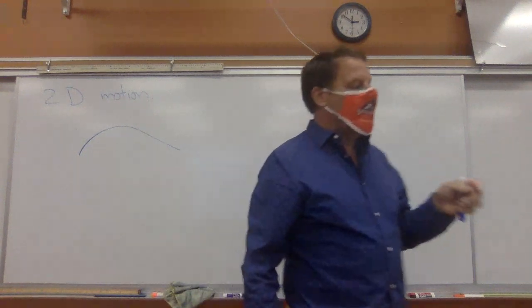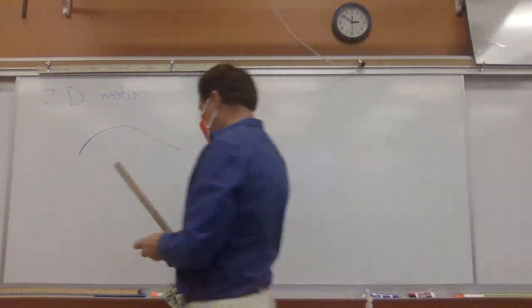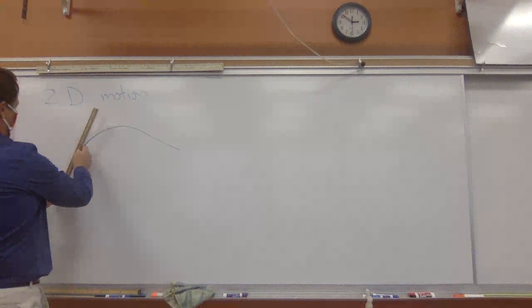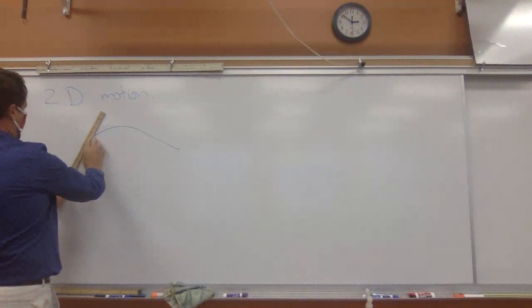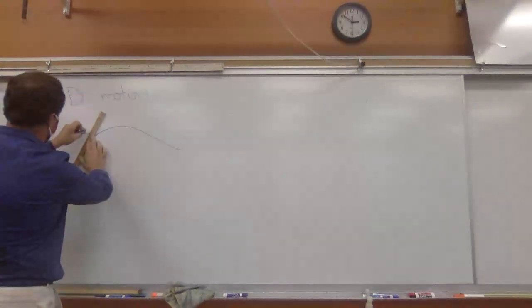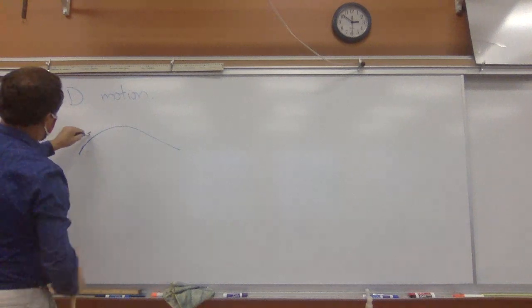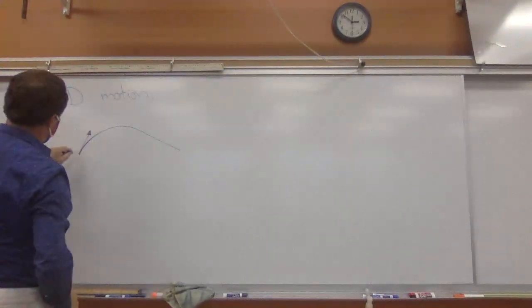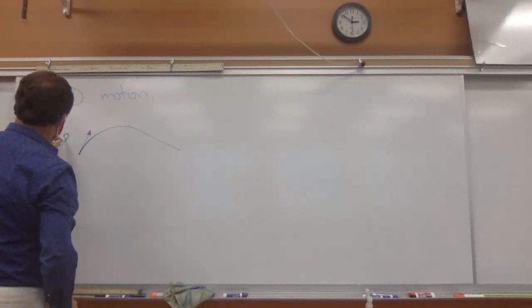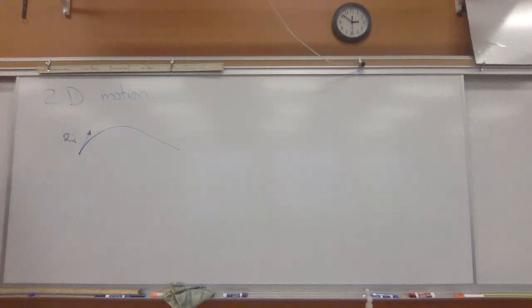If we want to know what that vector is in the beginning, then we can draw a vector like so, and let's say it's something like this. So this is going to be my initial position.